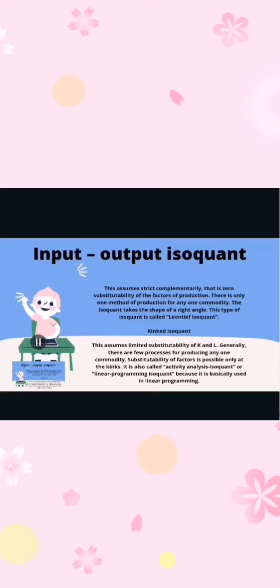Each commodity is produced using only a few different processes, and only at the kinks is factor substitutability possible.